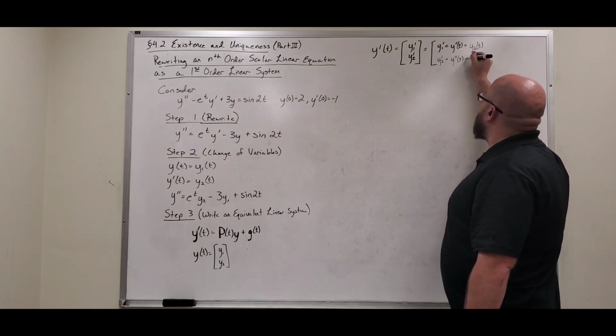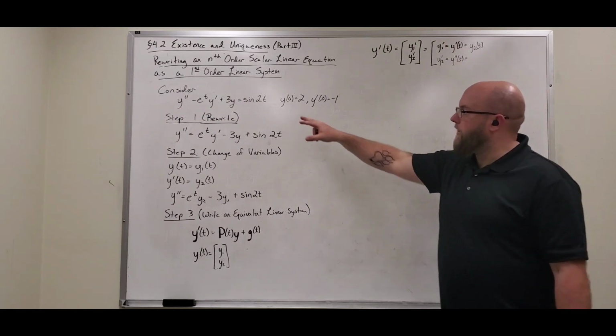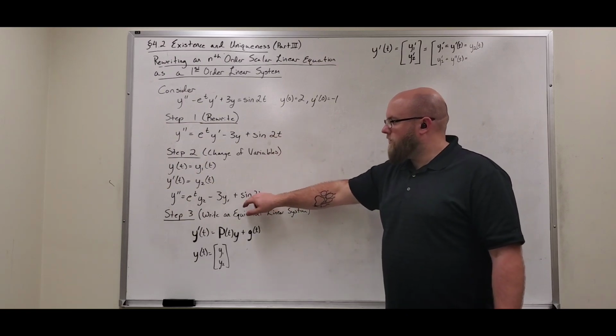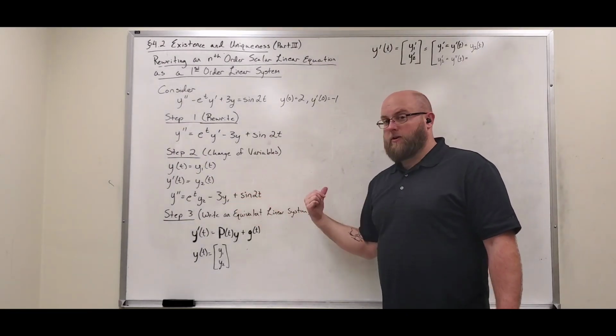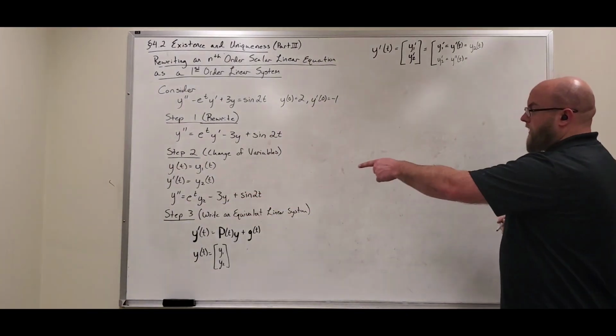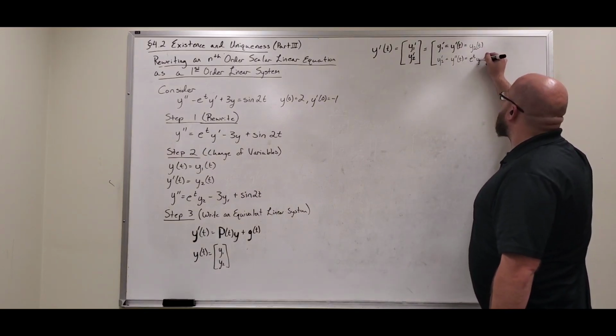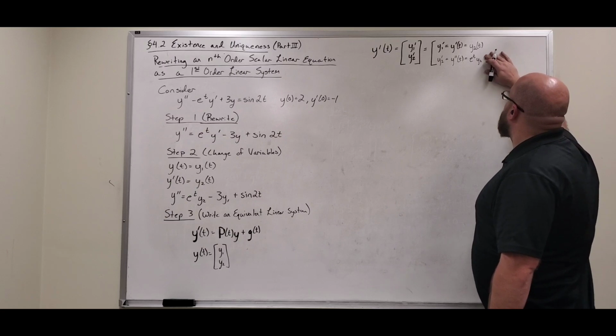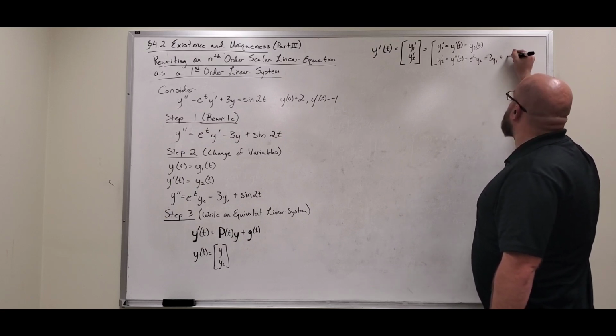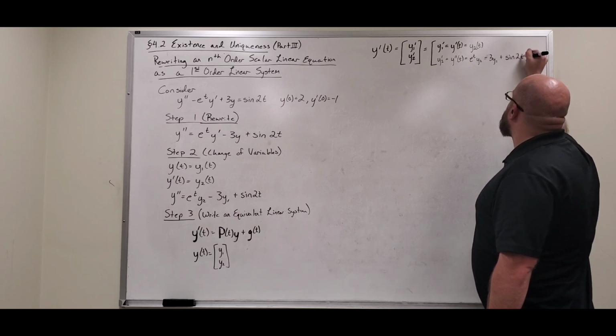And we just stated with a rewrite that we did here, specifically this one because we want it in terms of y1 and y2, is e to the t y2 minus 3y1 plus sine of 2t.